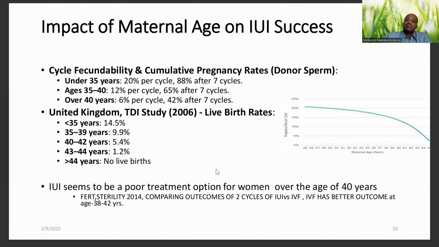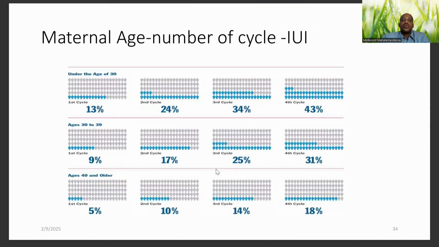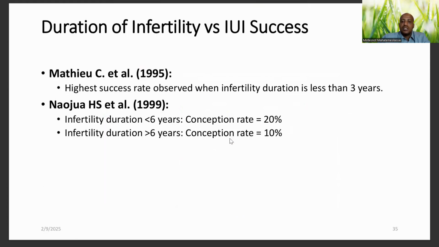So some centers recommend not to do IUI above the age of 40. So age is a very important factor for determining IUI success. Even if you increase the number of IUI as the maternal age advances, the success rate will decrease.